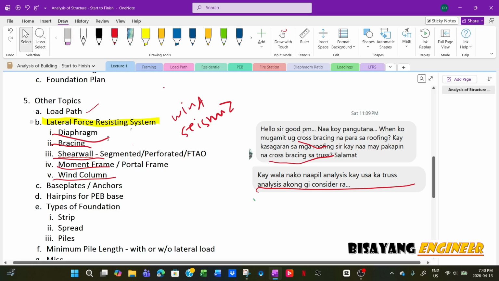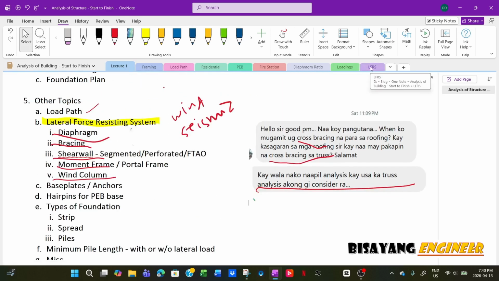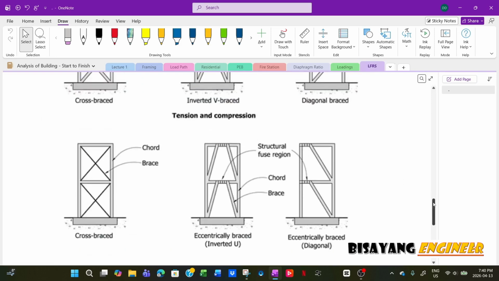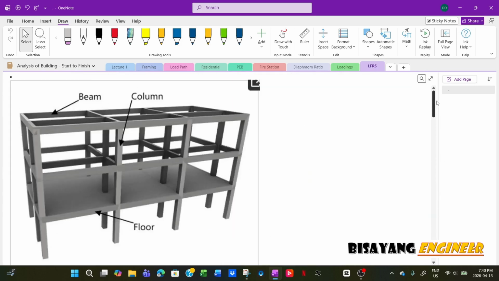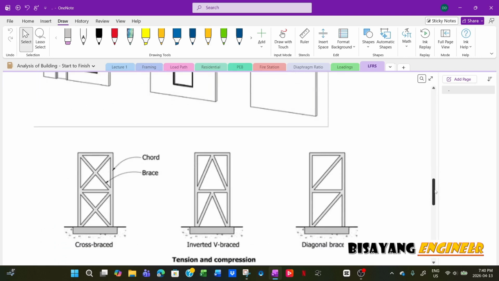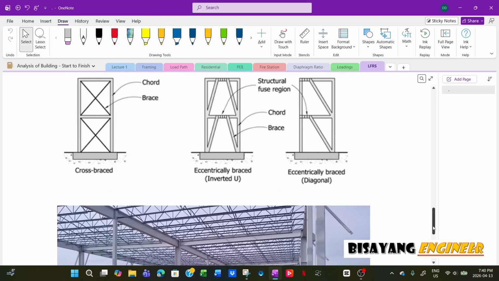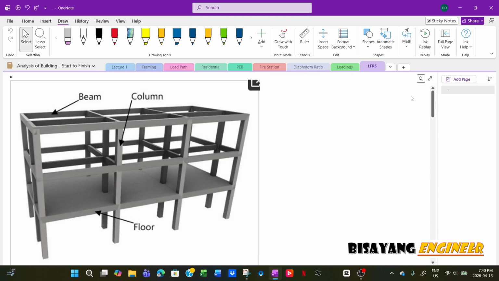So first, I basically just downloaded these, except this photo because this is one of our projects. These show different types of lateral force resisting systems.